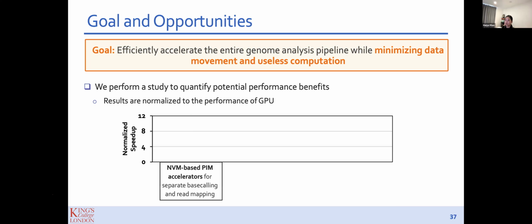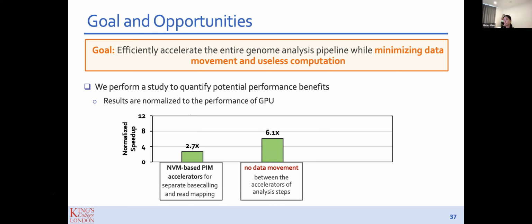First, non-volatile memory-based PIM accelerators for separate base calling and read mapping can achieve 2.7 times speedup. Second, if we assume there is no data movement between the accelerators of the analysis steps, it can achieve 6.1 times speedup. And if we assume no data movement and no useless reads, the ideal case, we can achieve 9 times speedup.